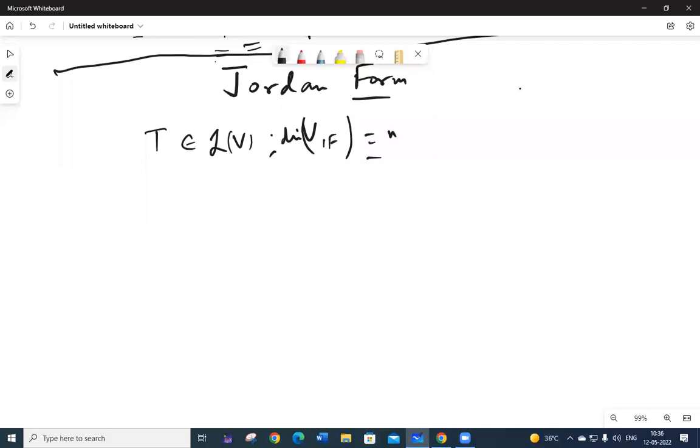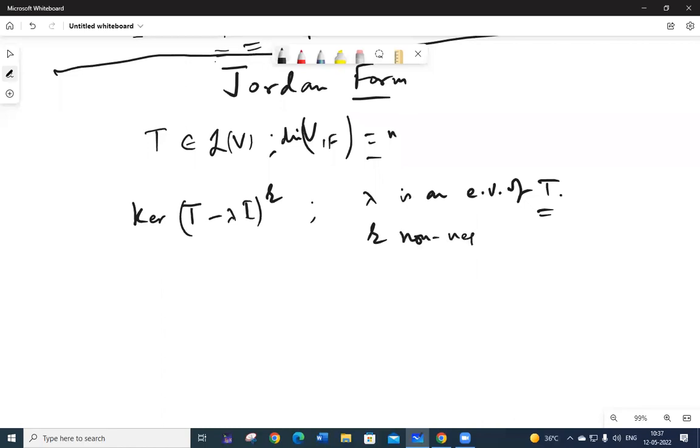Then we look at the kernels of (T minus lambda I) raised to the power R, where lambda is an eigenvalue of T and R is a non-negative integer, that means we are including 0 also.